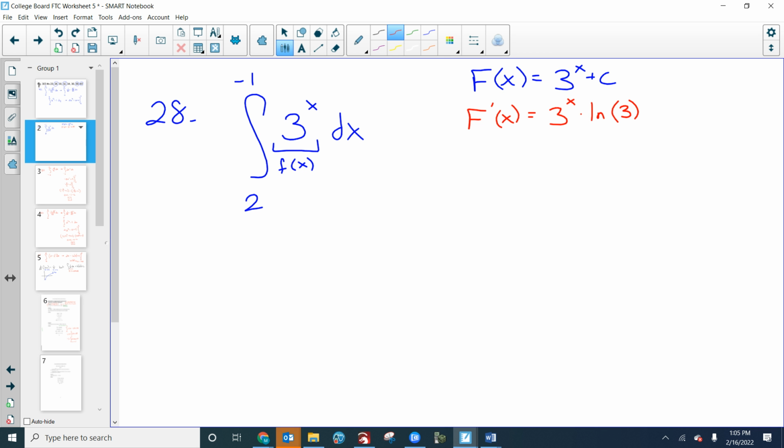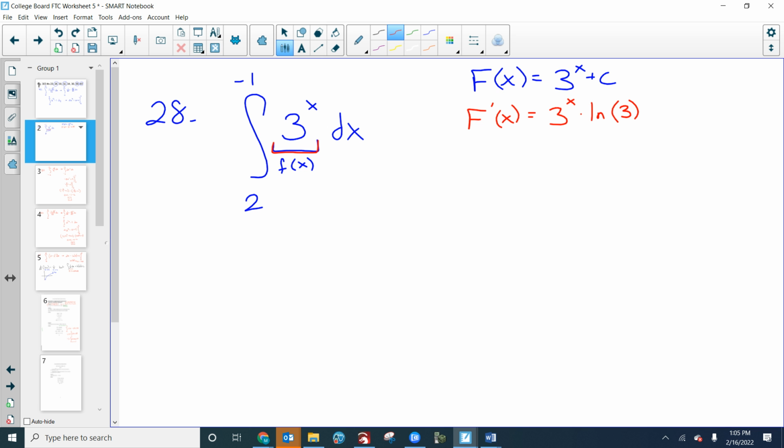I'm checking to see if this matches this, because the derivative of the antiderivative should be this. Correct? Is it? No. Is it close?